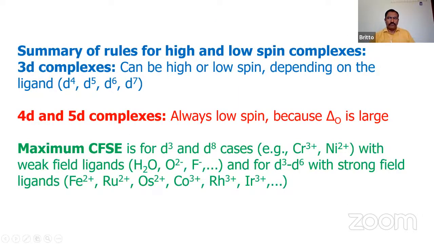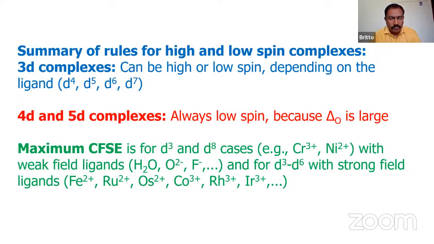As I told before, the 3D complexes can be low spin or high spin depending on the ligand. Generally up to D3, always high spin. For D6, all the T2G will be filled with 6, then with D7 we have 1 in EG, and with D8 both EG orbitals will have 1 each, and D9 and D10 will all be paired.